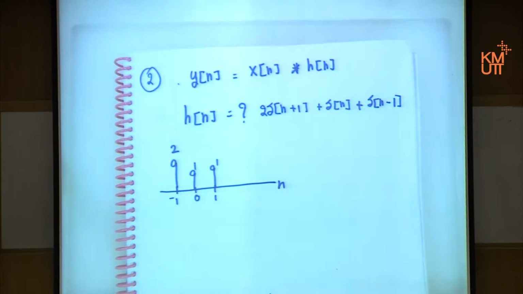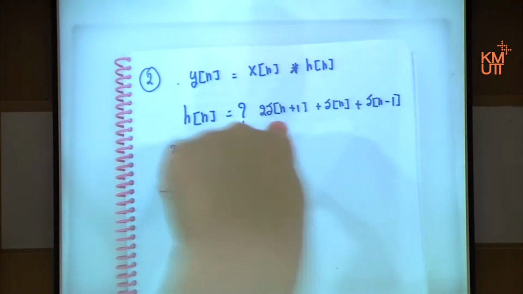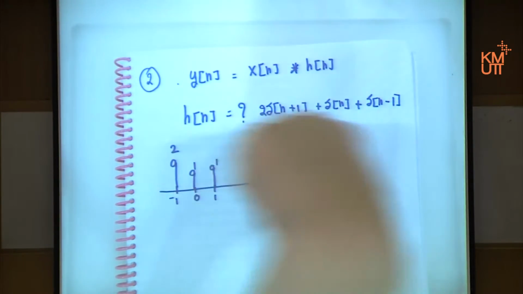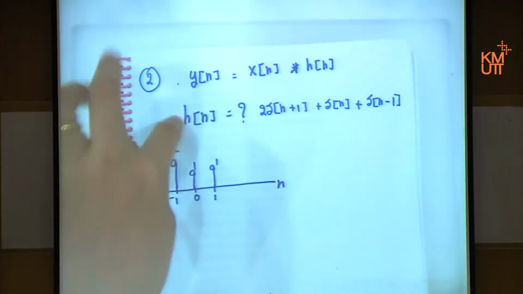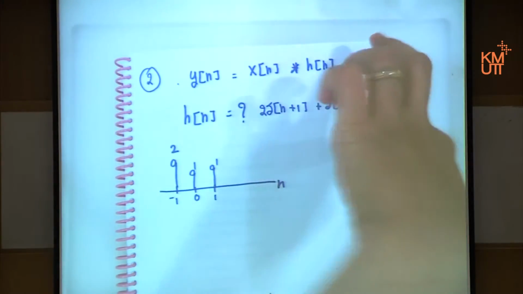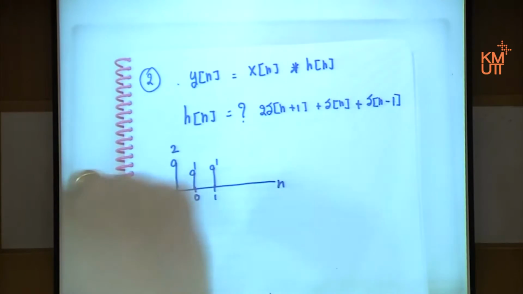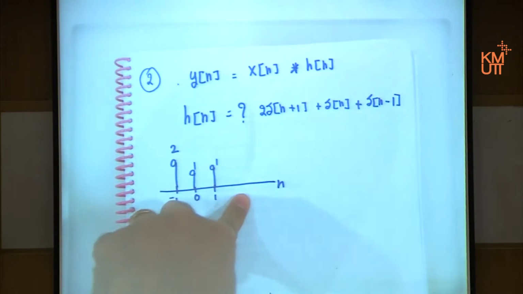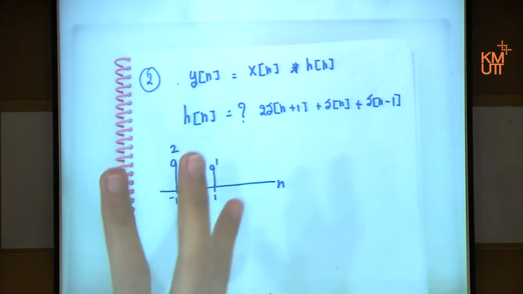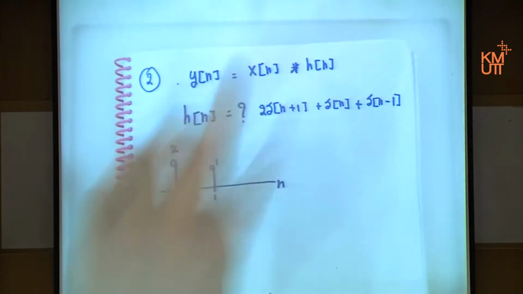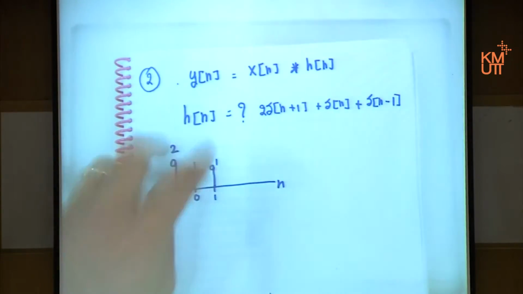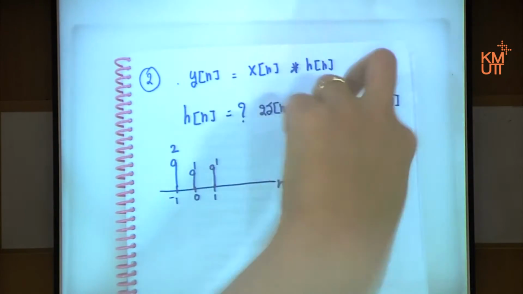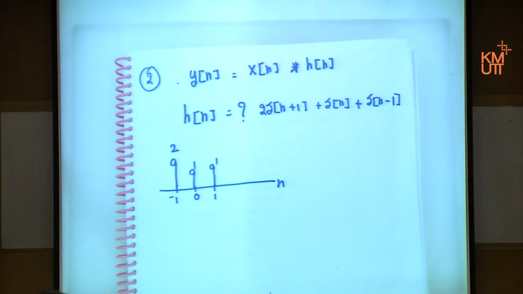I hope you can draw the picture of a discrete-time signal when I give you an equation like this. If you see h[n] equal to this, you need to turn it into a picture like this very quickly, and be able to switch back and forth between the equation and the picture.